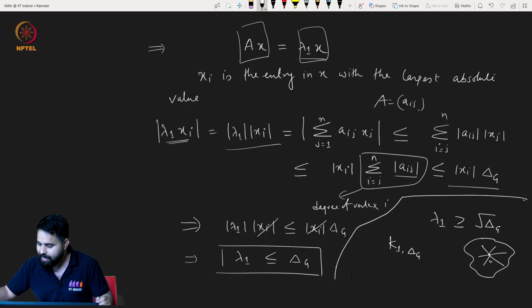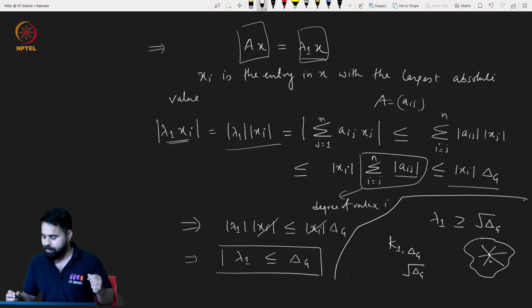The eigenvalue here is nothing but the square root of delta g. This we have already seen maybe 2-3 lectures before. And this is a subgraph, and the largest eigenvalue of a subgraph is always less or equal to the largest eigenvalue of our original graph.